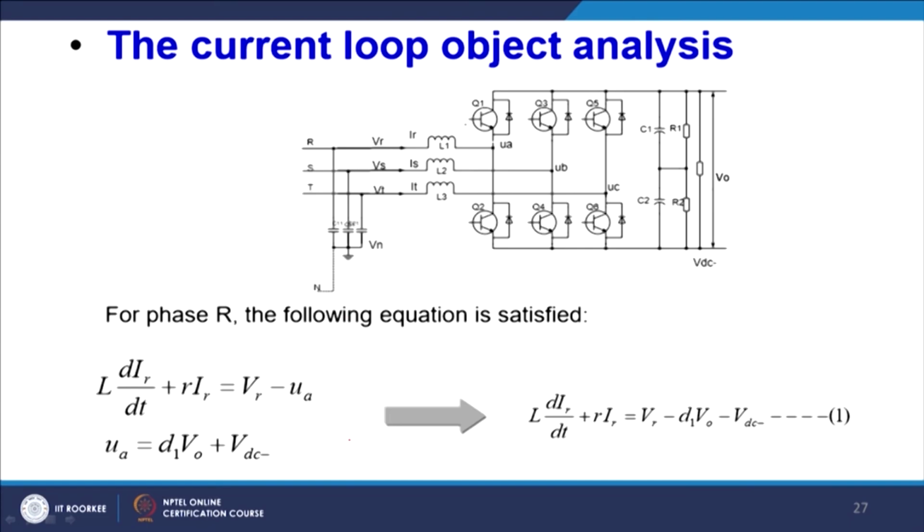Ultimately you can write it out for phase R, equivalent to A. So, L di/dt plus R I equals V R minus U A, where U A is the pole voltage of this leg A. Similarly, U A equals the duty cycle D 1 times V D C, because if one switch is on, from there you can balance. So, this is your equation number 1: L di/dt plus I R equals V R minus D 1 V 0 minus V C.